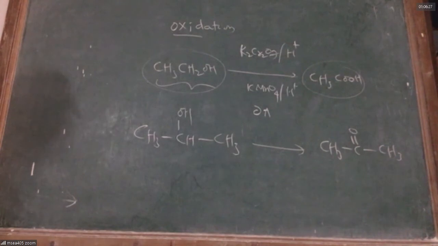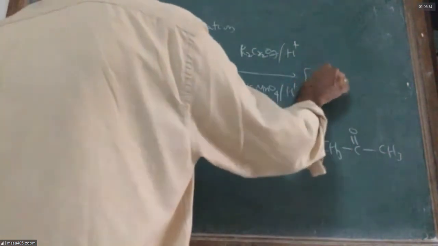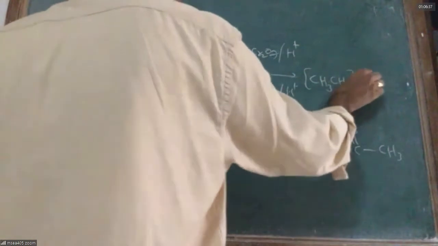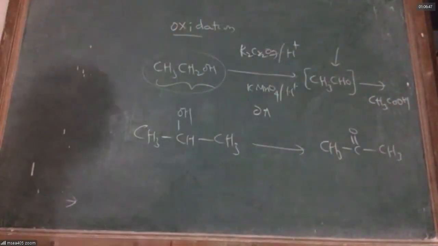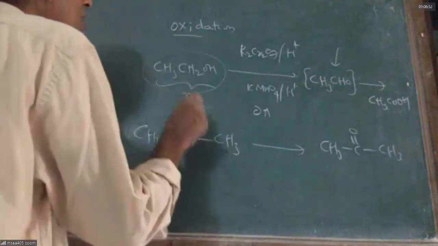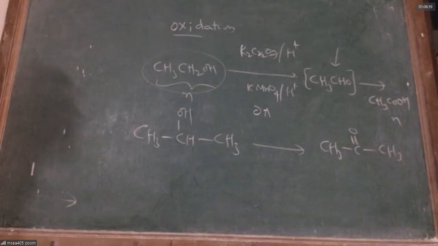If you see it carefully, first momentarily you get an aldehyde, but the aldehyde very quickly undergoes oxidation to carboxylic acid. This step you can't notice. It means primary alcohols readily undergo oxidation with any oxidizing agent to give the corresponding carboxylic acid, which has the same number of carbons.